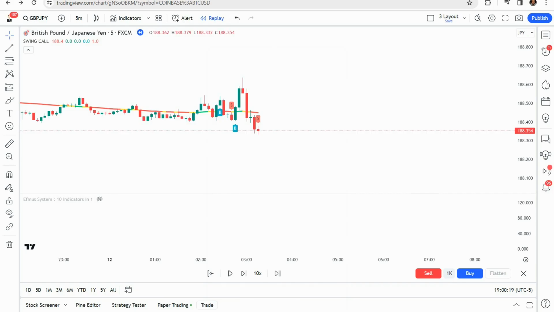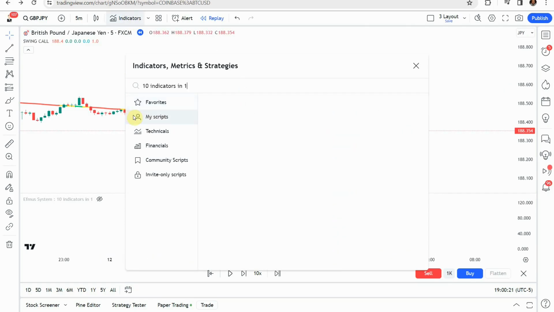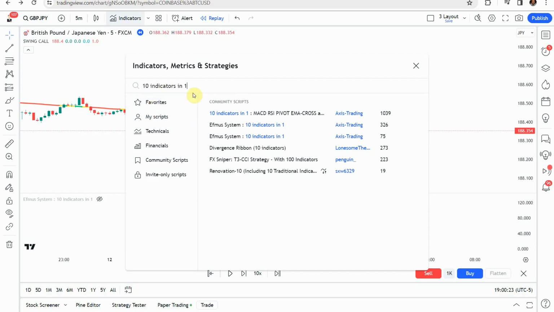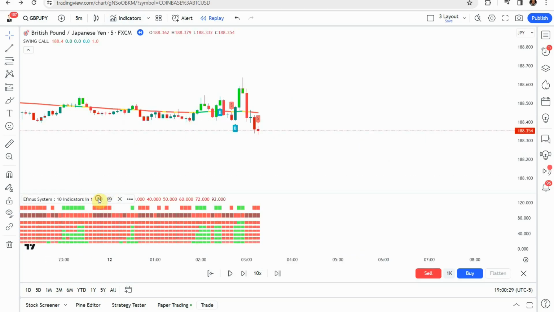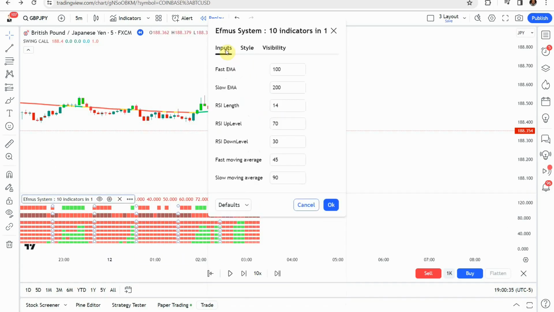It's going to be the 10 indicators in one indicator. This one right here. You'll add that to the screen and it will look like this right here. Again, we'll go ahead and jump in to the settings, and under the inputs you're going to change the fast EMA to 100, the slow EMA to 200.